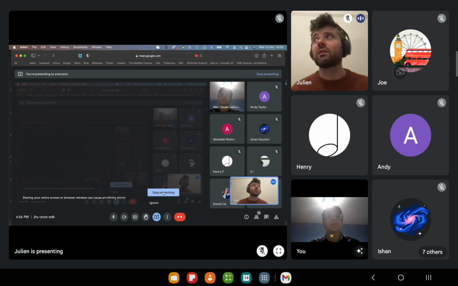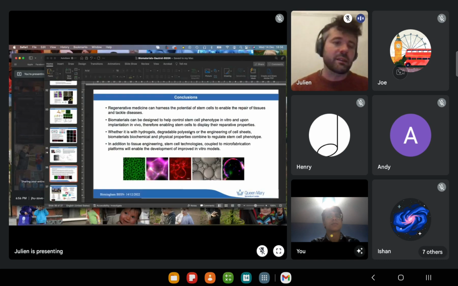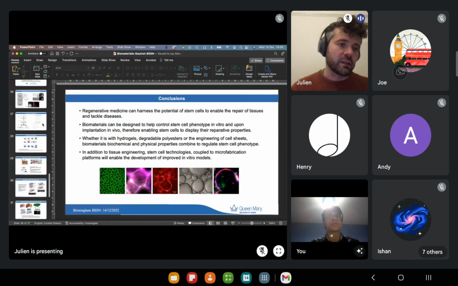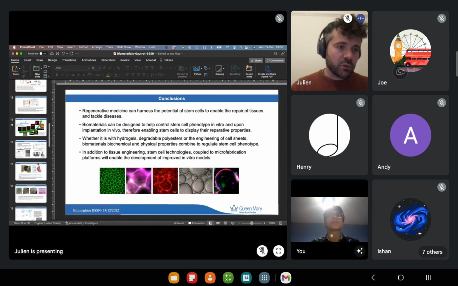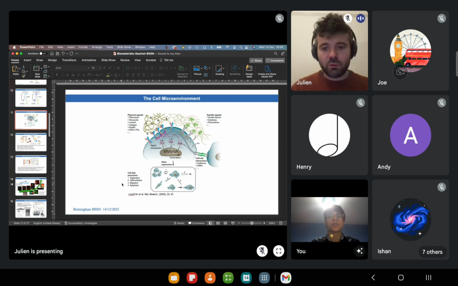I'm simplifying a lot. But maybe you will remember in one of my slides, I had a small schematic that was placing the transcription factor at the center. I don't know if you can see that. So we have all of these signals that come from the cell environment. These are physical signals, these are soluble signals, ligands that can bind to cell membrane receptors, and all these are cell-cell interactions.